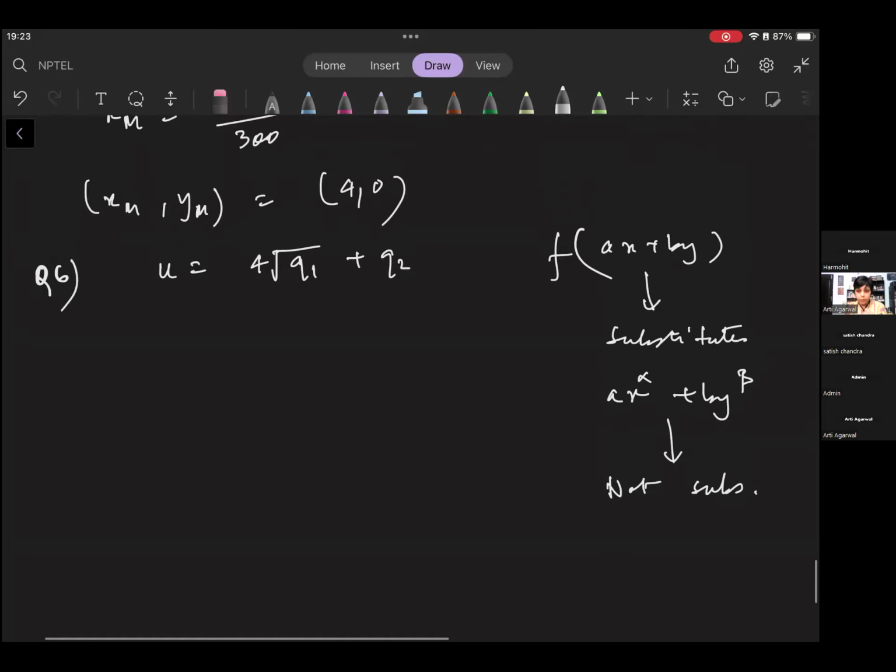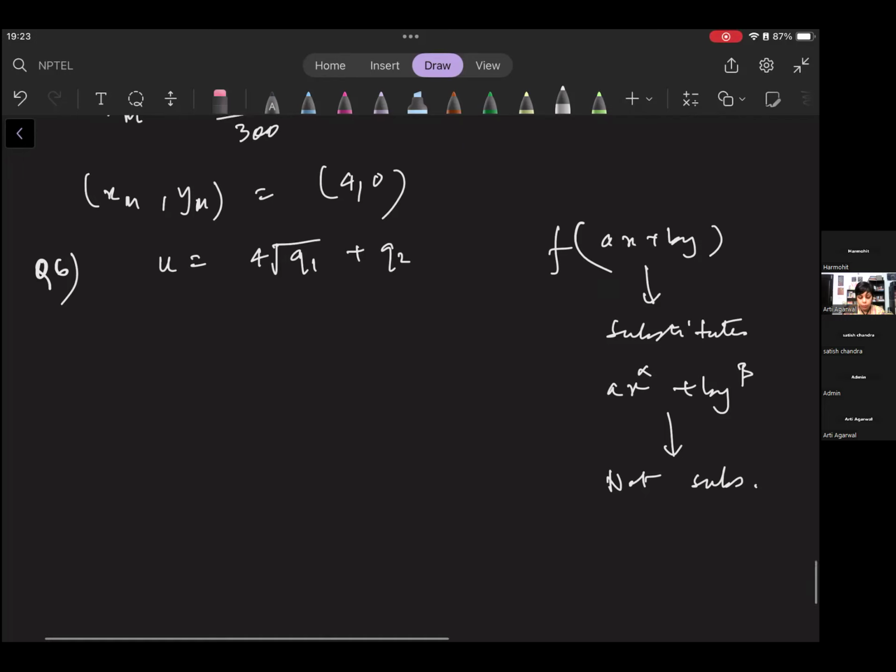Sometimes this may also have a corner solution, but it's not the case of substitutes anymore. Okay, this is important to remember, which is why I took the question with a quasi-linear value.